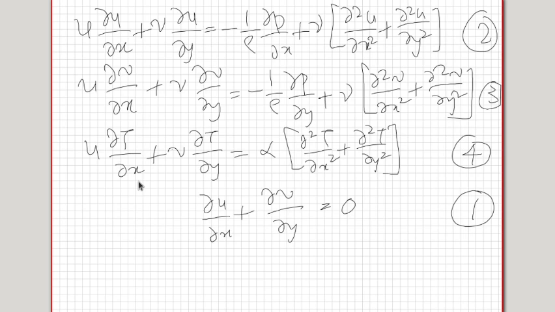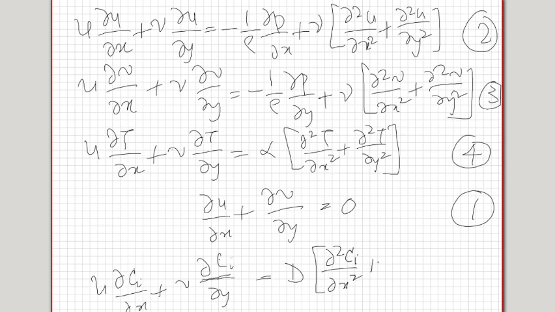Okay, so if I write it for concentration, which I was doing in the first class, I can write an equation number 5 here, which will be U ∂Ci/∂x plus V ∂Ci/∂y is equal to D, which is the diffusion coefficient, multiplied by ∂²Ci/∂x² plus ∂²Ci/∂y².